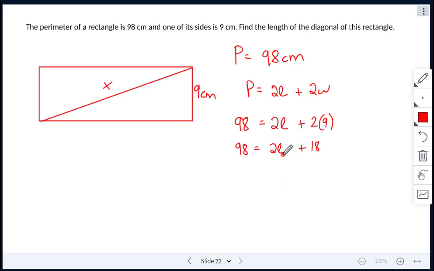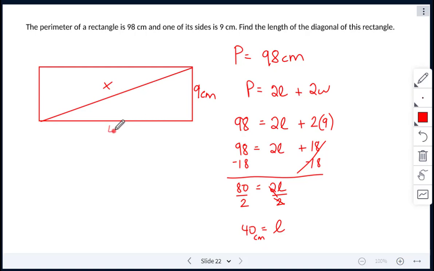And now we're going to continue to solve for L. So we're going to subtract 18 on both sides. And that will leave me with 80 is equal to 2L. And lastly, we'll divide by 2. And that gives me 40 is equal to L. So 40 centimeters.